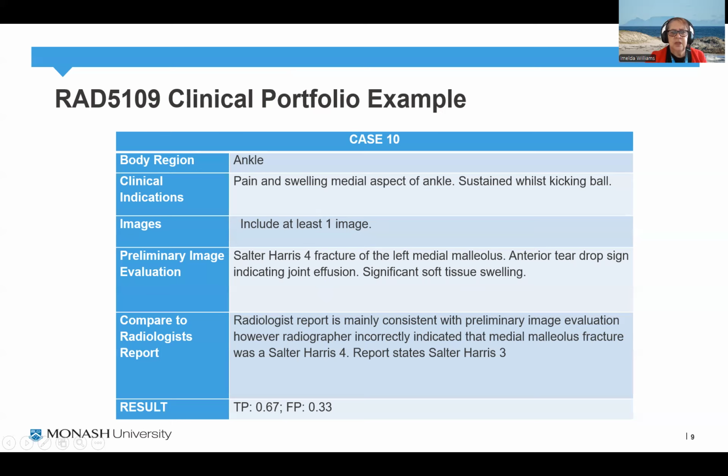However, the Salter Harris type was incorrect. The radiologist stated that this is a Salter Harris type 3. So when you then work out your true positive and true negative, so for true positive, then the majority is okay, so it's about 2/3. And then the false positive for incorrectly identifying the Salter Harris, and that made up 1/3.